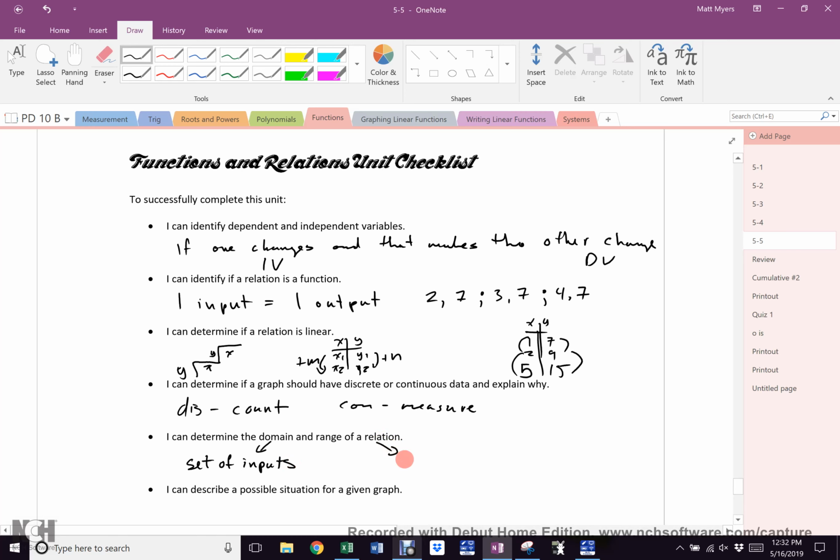What's the range? That's the set of outputs. A Canucks ticket costs $100. If there's 18,000 of them, that means I have sold $1.8 million in tickets. The outputs are 0 if I sell no tickets, up to 1.8 million.